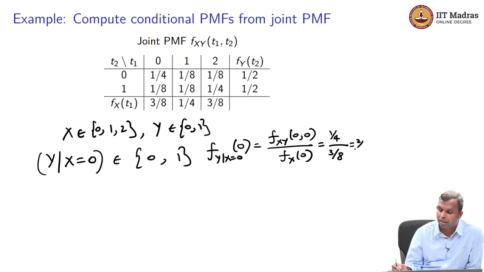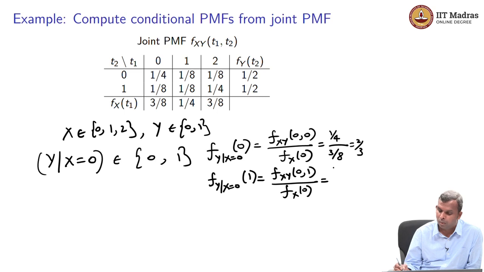So you get 2 by 3. What is f y given x equals 0 of 1? It's f x y of 0, 1 divided by f x of 0. It's basically 1 by 8, right? 0, 1 is 1 by 8 here. Divided by 3 by 8, you get 1 by 3.